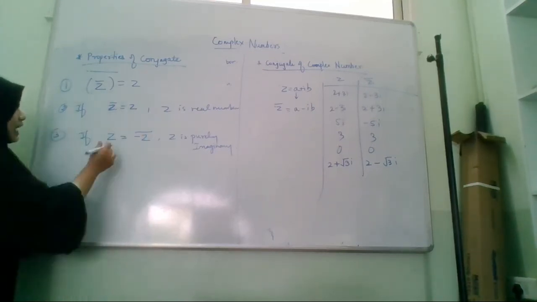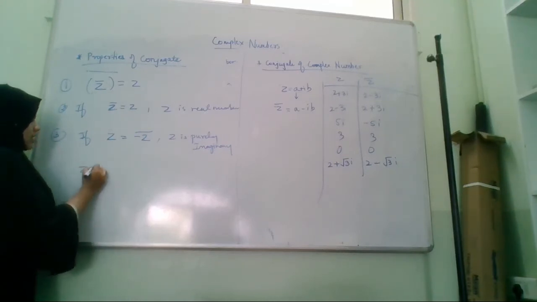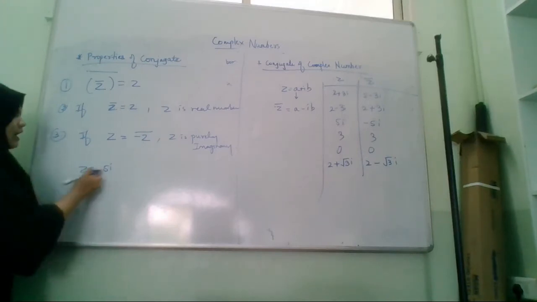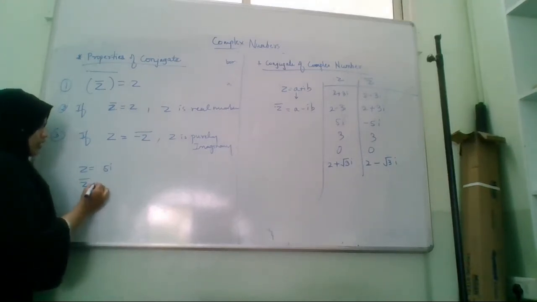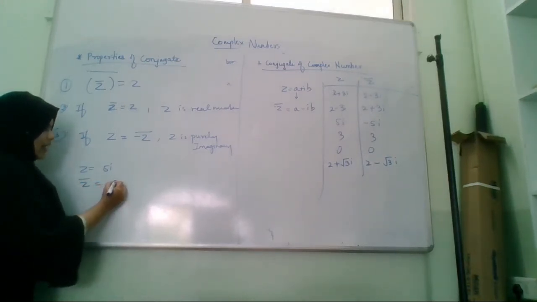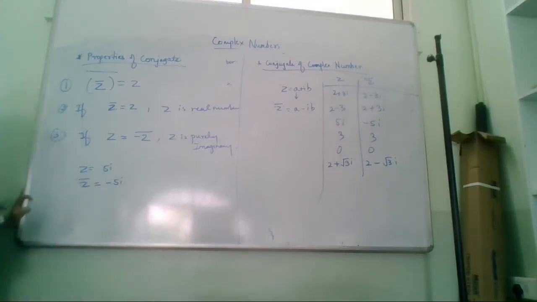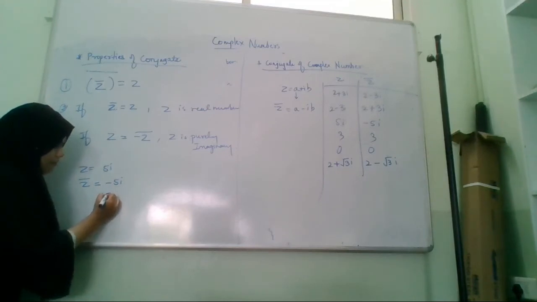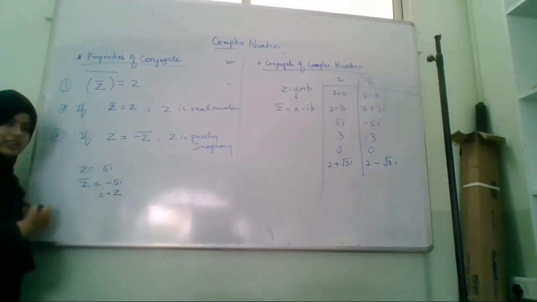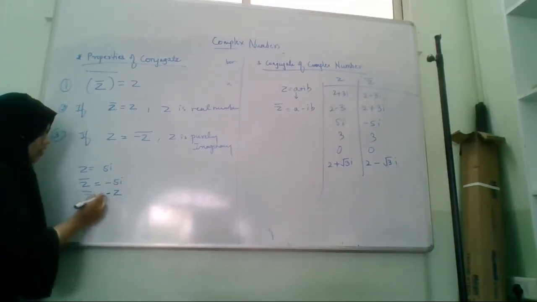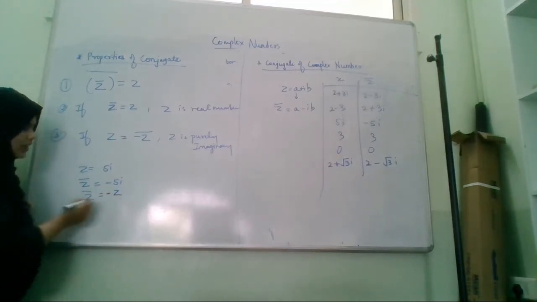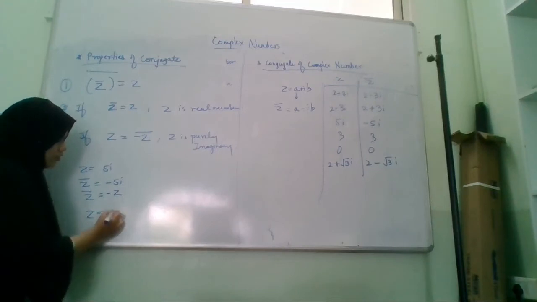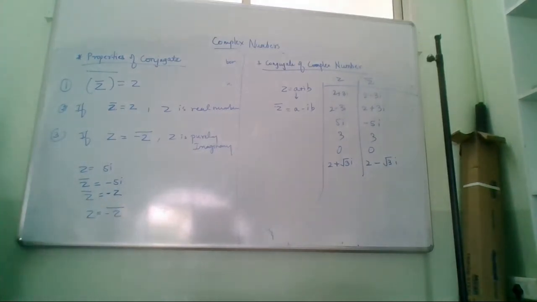Okay? That means if you have Z equals 5i, then what will be its conjugate? The conjugate will be minus 5i, right? So minus 5i will be equal to minus of Z. That means Z conjugate is equal to minus of Z. We can transfer this sign here, so Z will be equal to minus of Z conjugate.